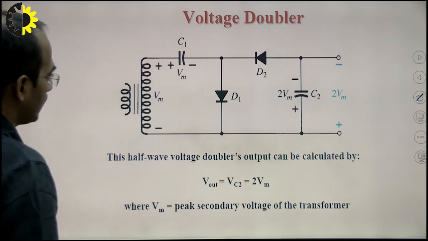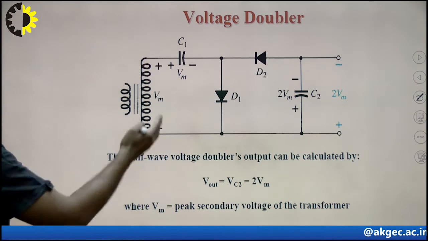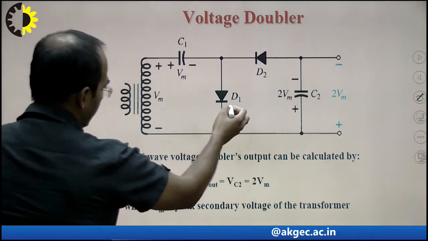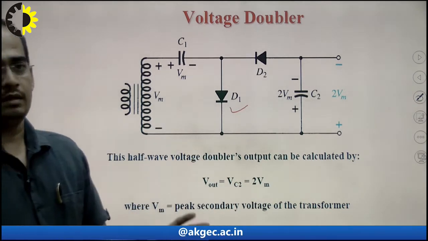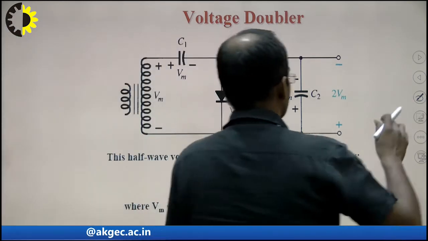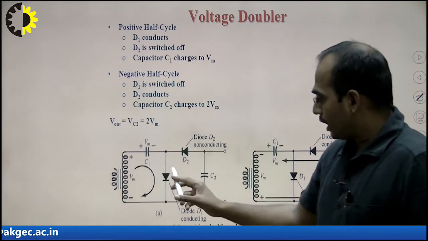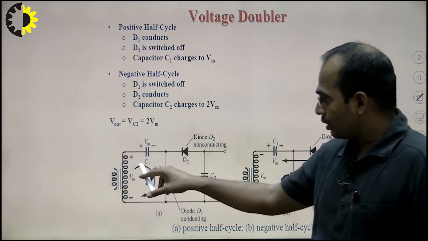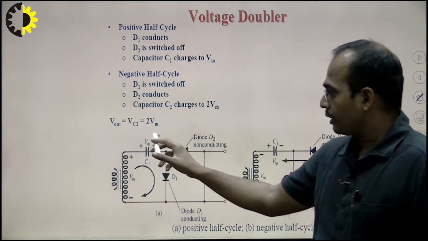Here I have considered the ideal diode. When this capacitor charges, this diode conducts, and the voltage across the capacitor will be equal to Vm.